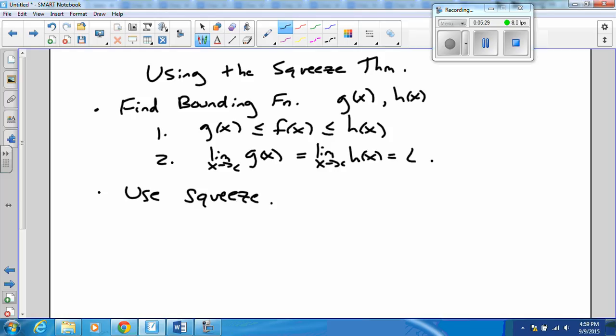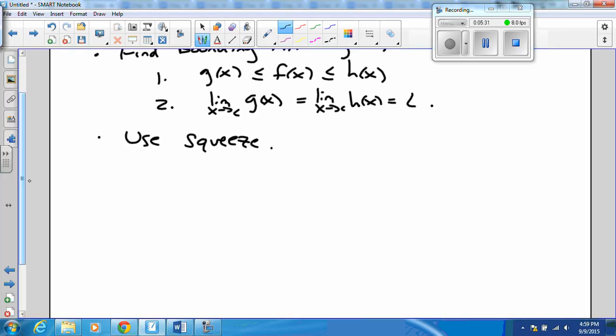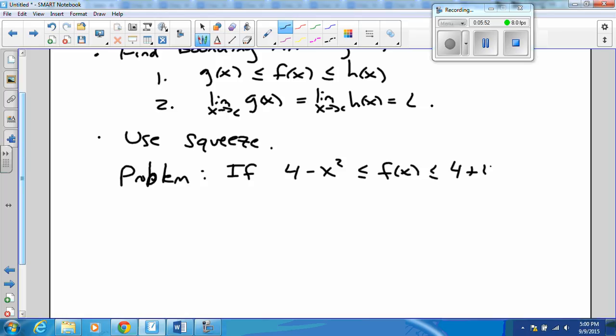Now, beginning students are often given those bounding functions, so using the Squeeze Theorem is just a simple matter of doing it. So, for example, here's a sample problem. If f is trapped between 4 minus x squared and 4 plus x squared, find the limit as x goes to 0 of f of x.